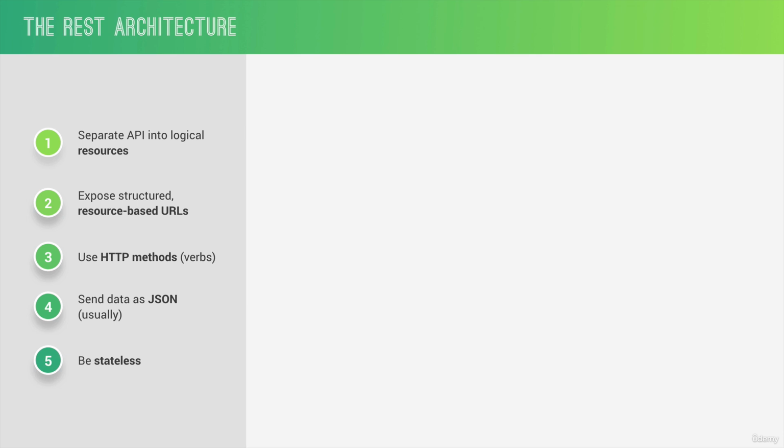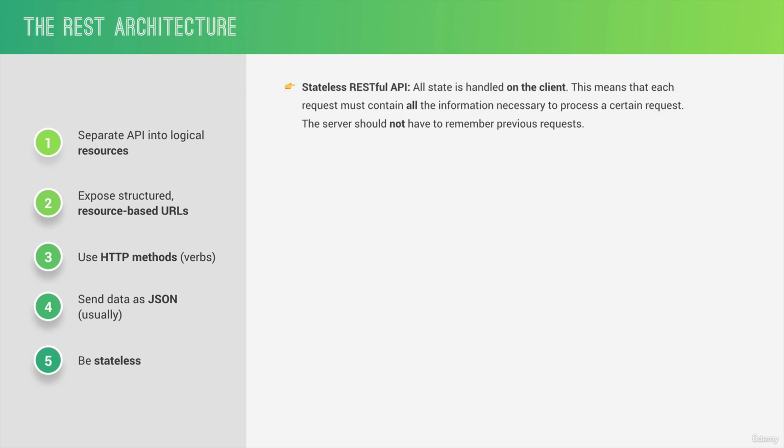Alright, and finally, a RESTful API should always be stateless. So what does stateless actually mean? Well, in a stateless RESTful API, all state is handled on the client and not on the server. And state simply refers to a piece of data in the application that might change over time. For example, whether a certain user is logged in, or on a page with a list with several pages, what the current page is.